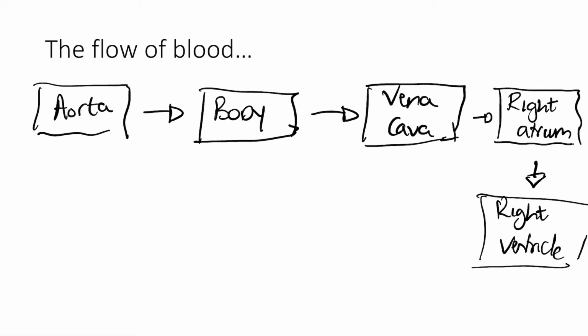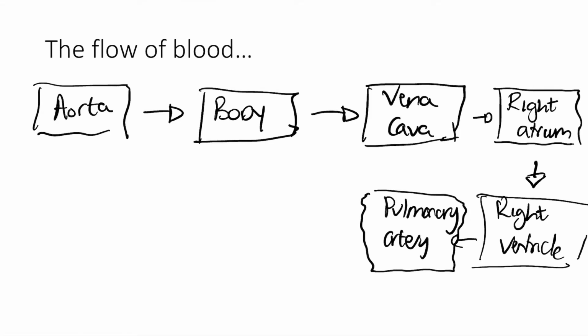And from the right ventricle, it goes out of the heart via the pulmonary artery, where it goes to the lungs to collect its oxygen, and it goes back to the heart through the pulmonary vein.